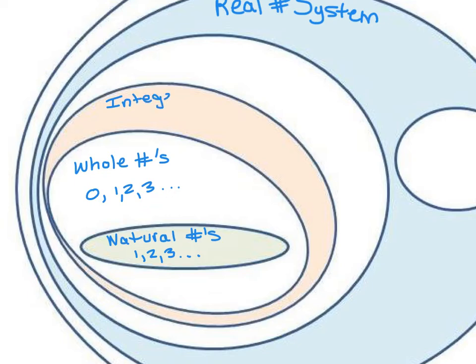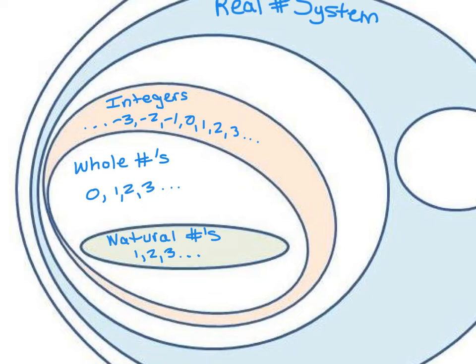Integers are the positive and negative counting numbers, and also include 0. So I'll start out here: -3, -2, -1, 0, 1, 2, 3, ... So those are our integers.